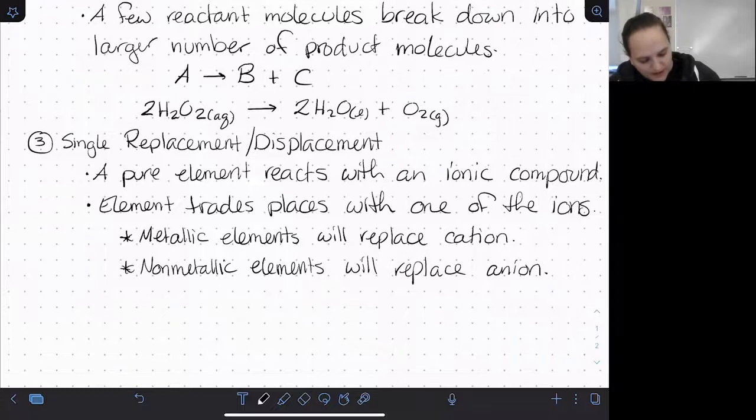And what we get as a result, my element is taking the place of one of the ions, is that we get a new element, the new ionic compound produced.